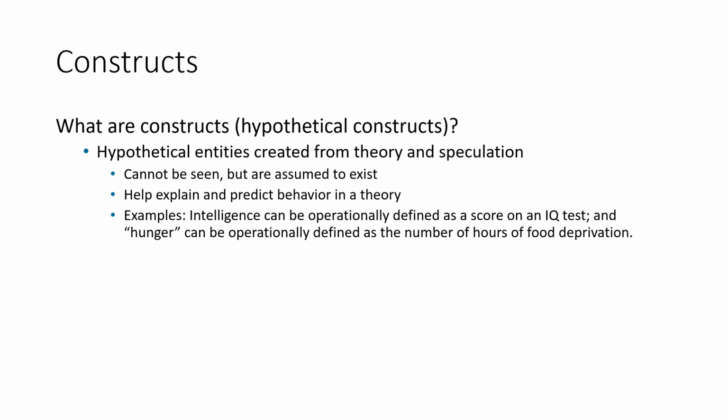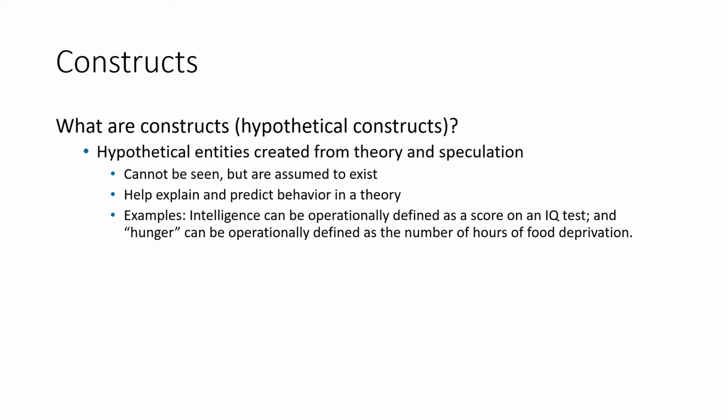Extroversion is a hypothetical construct. It is based on theory. It cannot be seen directly. It's assumed to exist, though, and there are characteristics of it that can be measured. So these hypothetical constructs help explain and predict behavior in a theory.